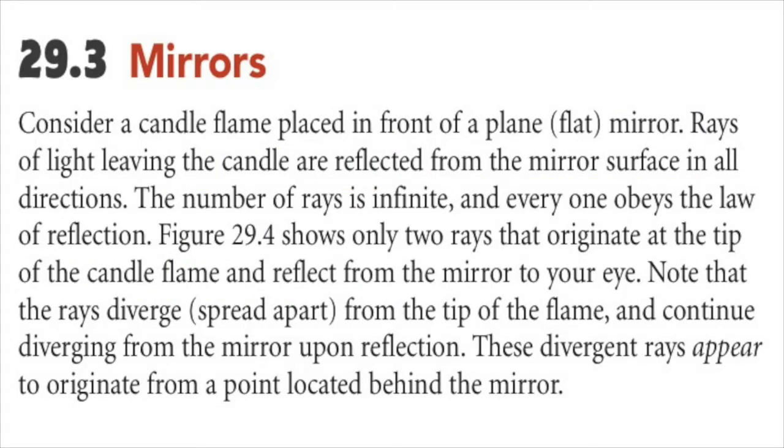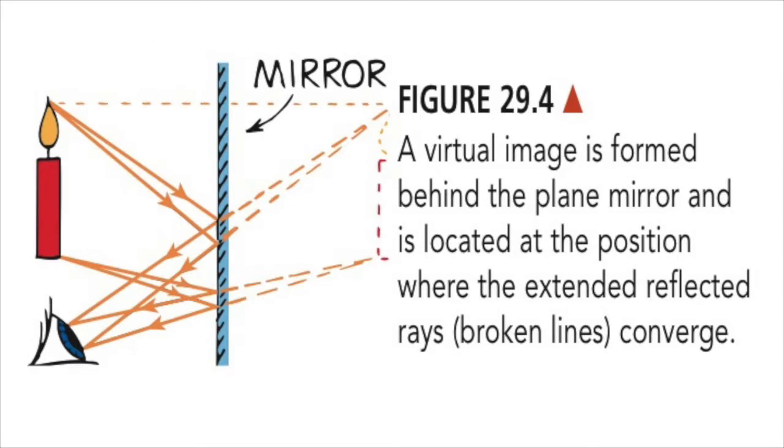29.3 Mirrors. Consider a candle flame placed in front of a plain, flat mirror. Rays of light leaving the candle are reflected from the mirror surface in all directions. The number of rays is infinite, and every one obeys the law of reflection. Figure 29.4 shows only two rays that originate at the tip of the candle flame and reflect from the mirror to your eye.